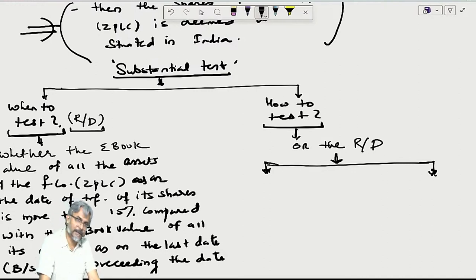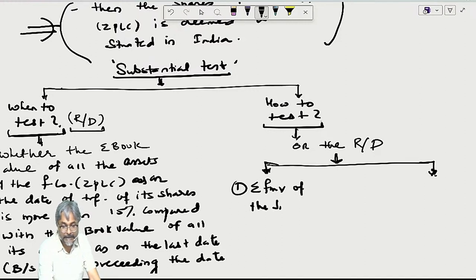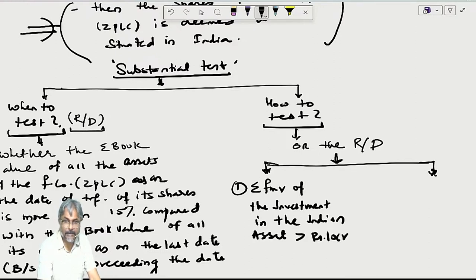On the relevant date, point number one, whether the aggregate fair market value of the investment in the Indian asset is more than rupees 10 crore.